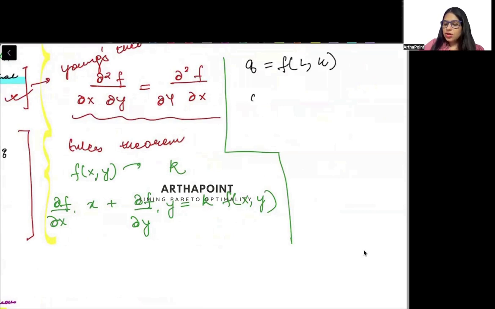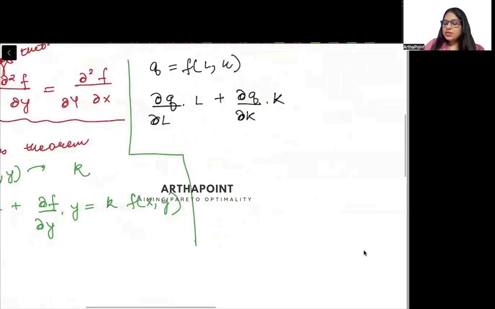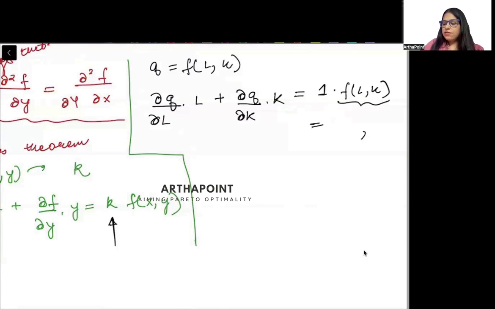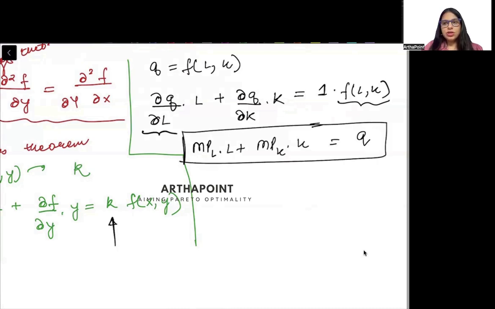If I differentiate output with respect to labor into labor, and output with respect to capital into capital, this will give me the degree, that means 1, into the original level of function, which is nothing but the level of output. This is marginal product of labor into L plus marginal product of capital into K. So this is Euler's theorem.